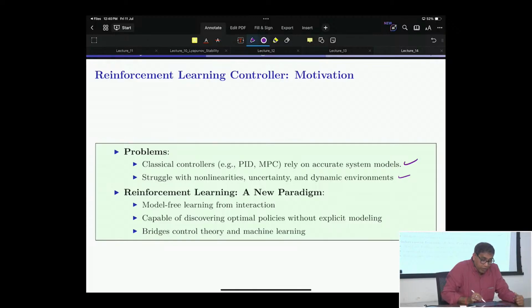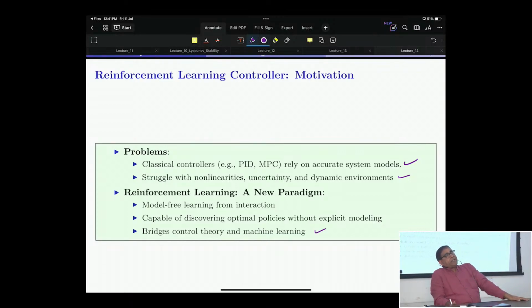This is model-free learning from interaction. It does not require any model. That's the advantage. It is capable of discovering optimal policies based on the reward. It can automatically learn, because if I am not getting any reward, that means I have to change my action. It bridges control theory with machine learning.